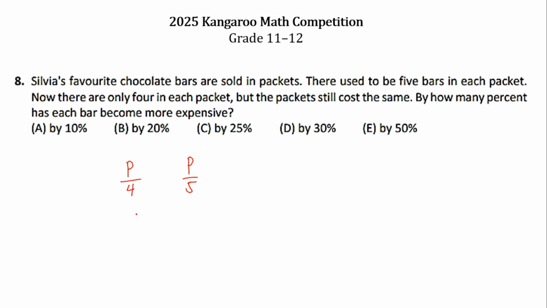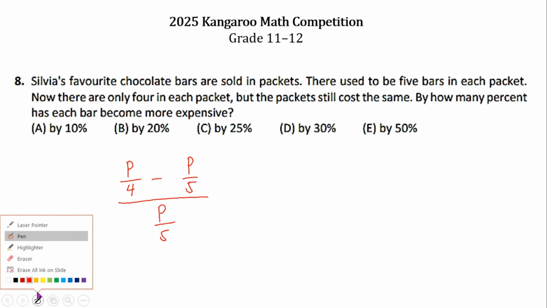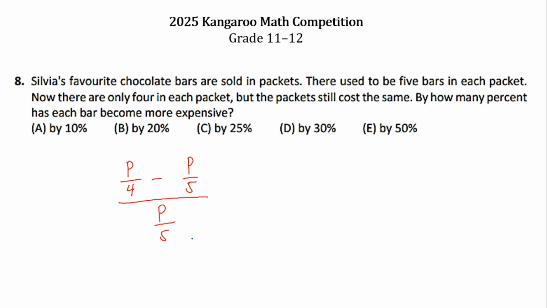Now, if we subtract P over 5 from P over 4, we get the difference in price, right? But we want the percent as answer. So we subtract P over 5 from P over 4 and then divide by the original price, which is P over 5. Now, to get rid of the denominators, I'll just multiply the top and the bottom by 20.